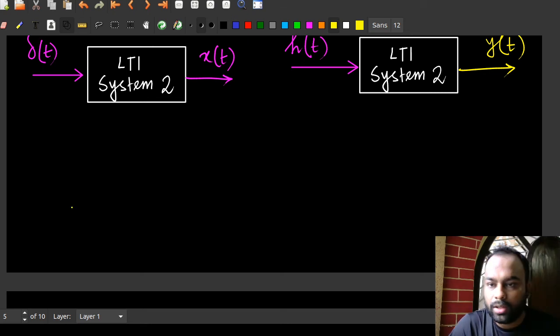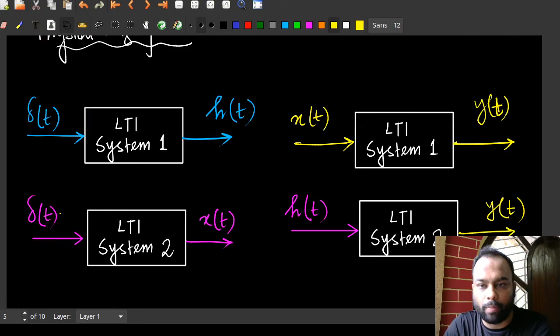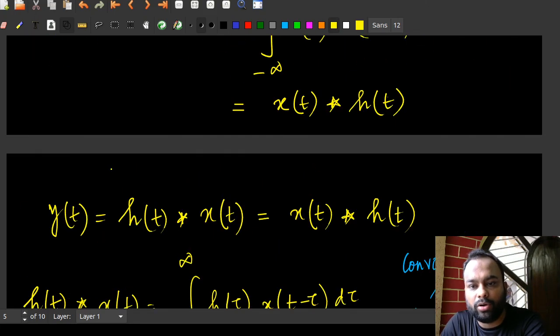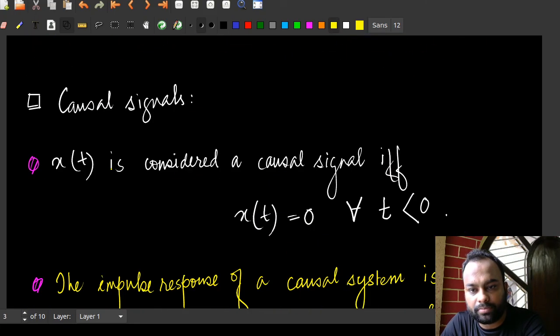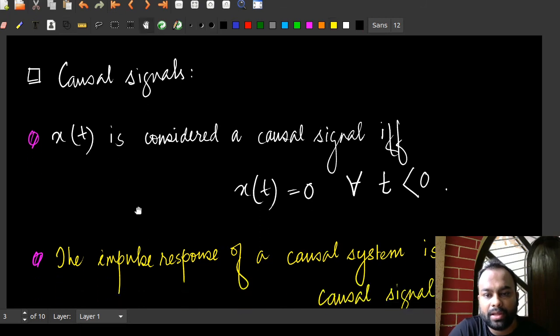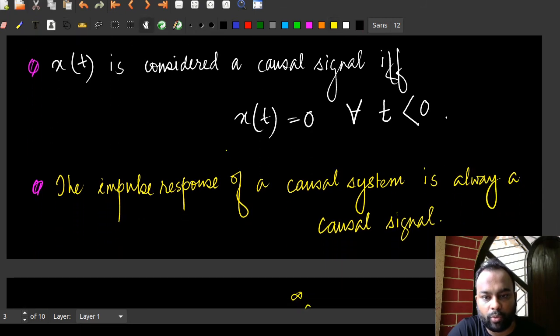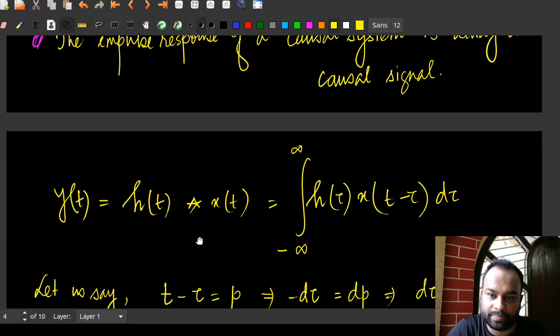All right. So by that simplification, we already know, let's go back, we already established that causal signals are those signals for which the value of the signal is 0 when time is less than 0, and the impulse response of a causal system is always a causal signal, right?